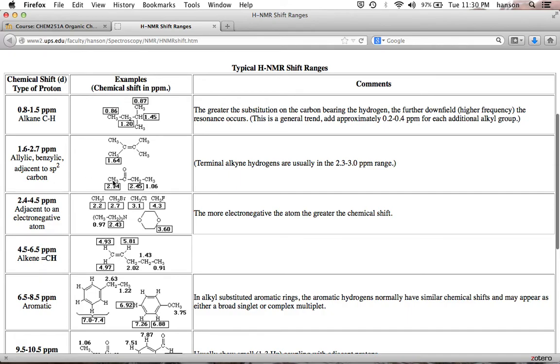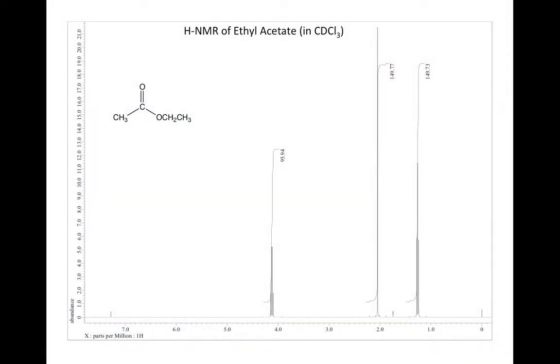So for example, here's a CH3 that's next to an sp2 carbon. So that comes at around 2.14. Here's another one, a CH3 next to an sp2, in this case an alkene versus a carbonyl, comes up about 1.64. But in other words, that could be a clue that that peak that was shifted up around 2 might be next to it. And of course, if we go back and look at that, we'll see that there is a CH3 that's next to a carbonyl. So that's confirming that that must be what that CH3 is.